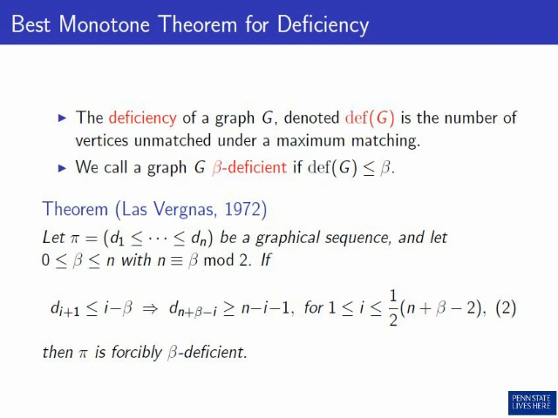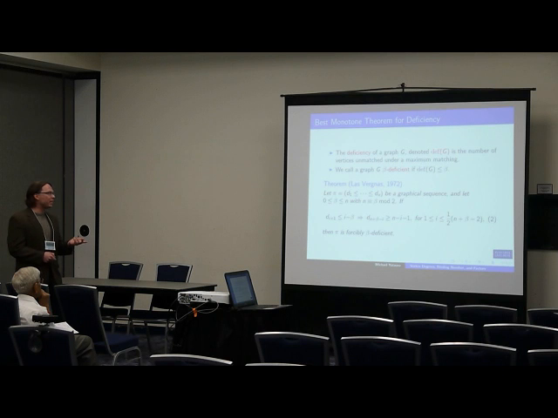And this theorem is actually best monotone for deficiency. So if n is congruent to beta mod 2, then we have these somewhat similar implications to the Chvátal conditions dependent on beta. If all of these are true for the given sequence, then pi is forcibly beta deficient. All of the realizations will have deficiency at most beta.